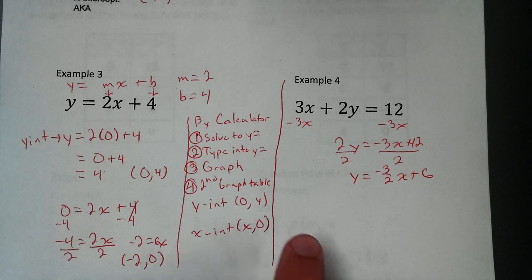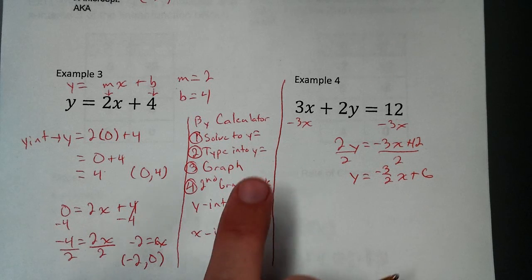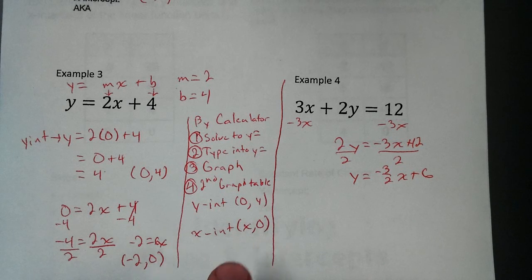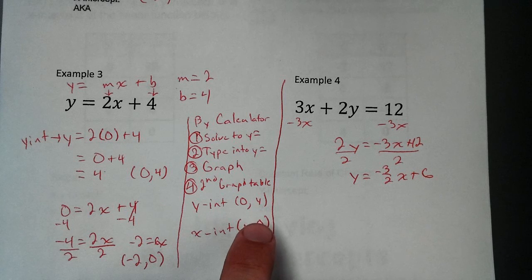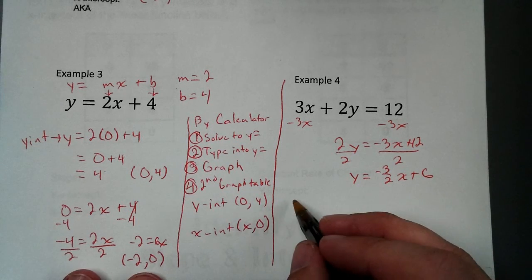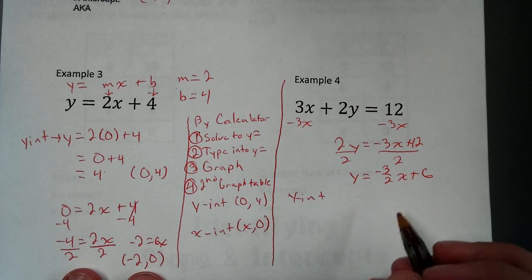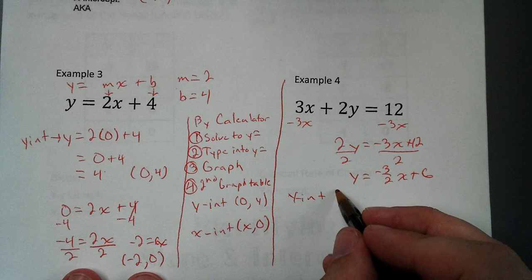So you have this example of how to do it by the calculator. I'm not going to take the time to show it because I know a lot of you guys at home don't have graphing calculators. But I'm going to work it out by hand. So for our y-intercept, what has to be 0? Good, our x.